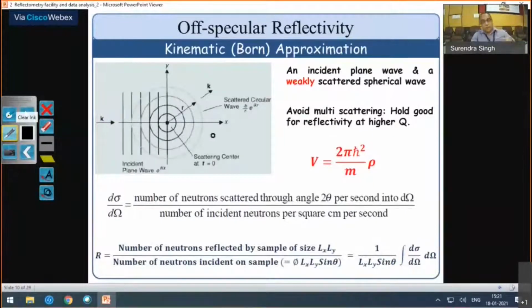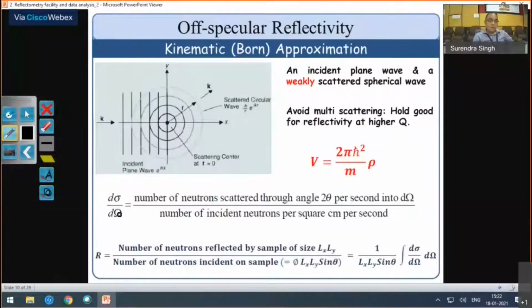Okay, so these things I will quickly explain, it is explained in the kinematic approximation, where we define d sigma by d omega. This is the differential cross section for any scattering phenomena. And till now we were seeing the ray diagram, like one ray is coming, the other is reflected.